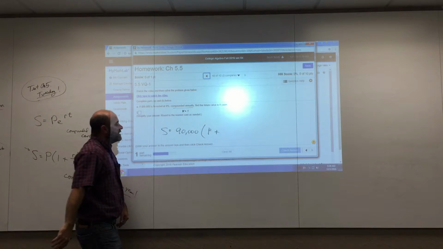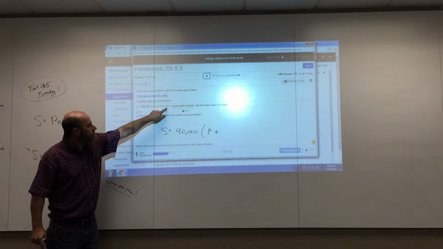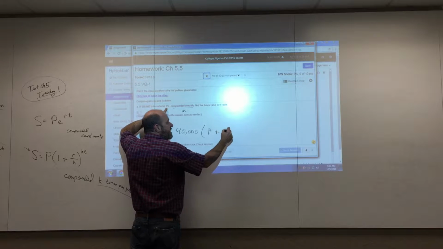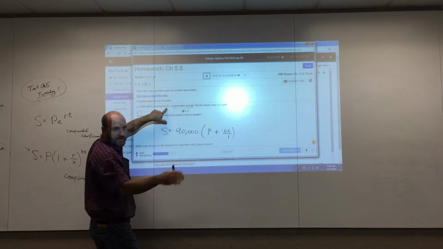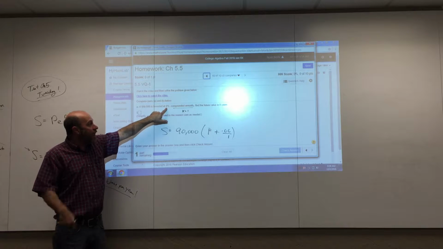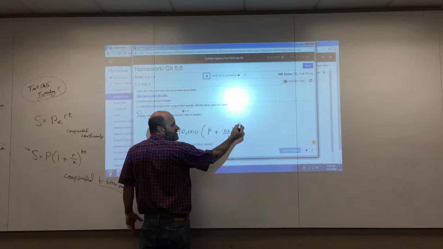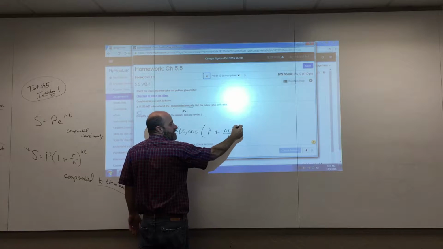1 plus the interest rate. The interest rate is 0.06, 0.06 divided by 1, which is kind of stupid, and that's 0.06. But raised to the k times t, and k is just 1, so then t is the 9 years.